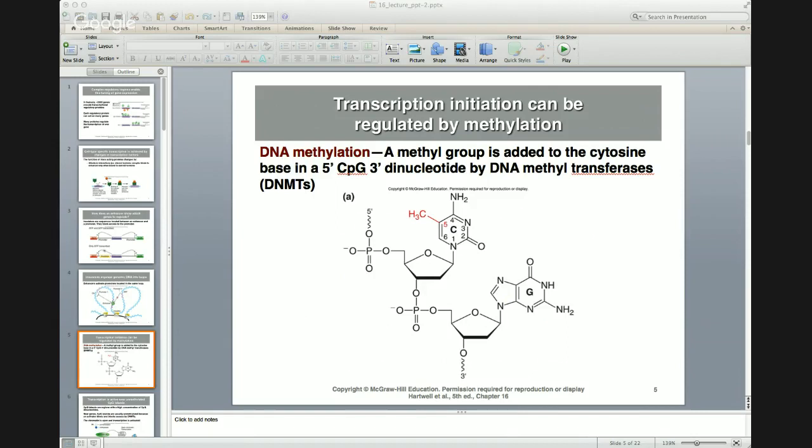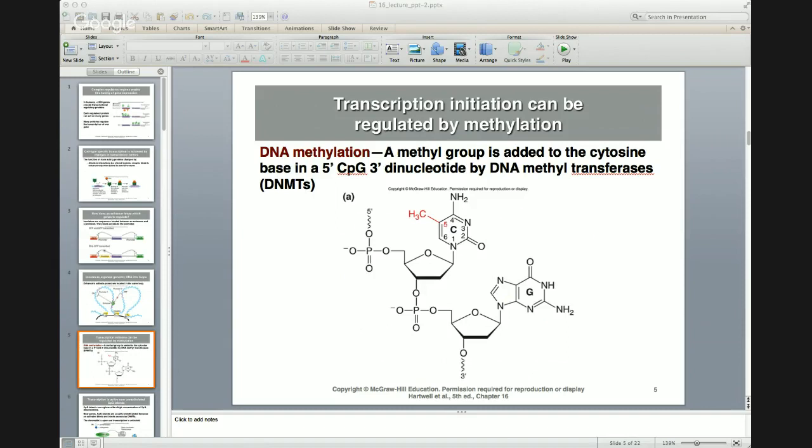So CH3 is added to a cytosine in what is known as a CpG dinucleotide. A CpG dinucleotide is anywhere you will find cytosine and guanine bound to each other. Not across from each other, not on adjacent or double strands.